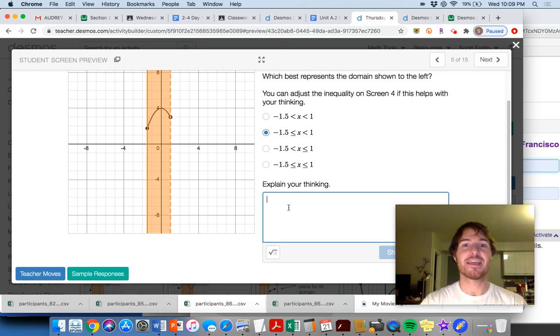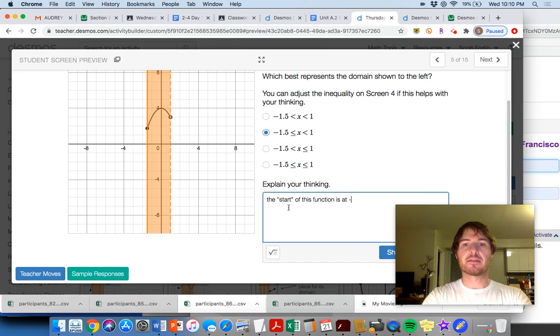Explain your thinking. The start of this function is at x equals negative 1.5, and there is a closed dot on the graph.